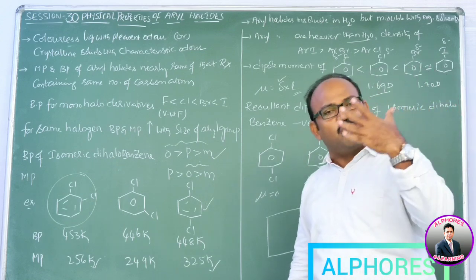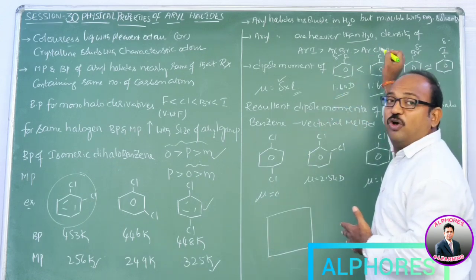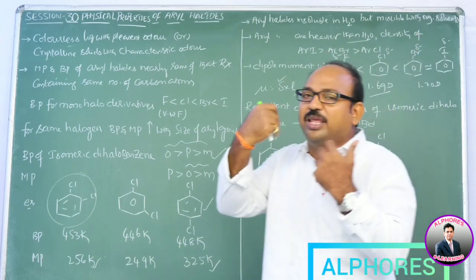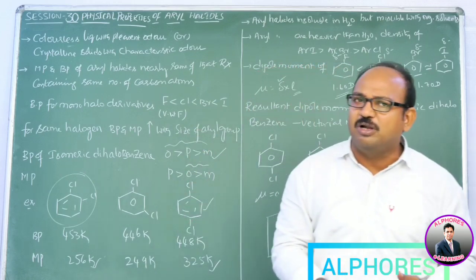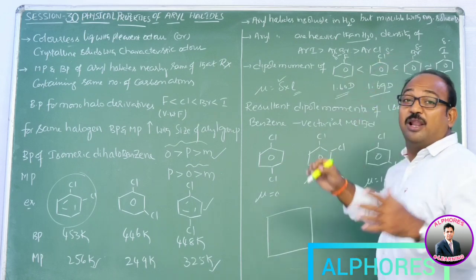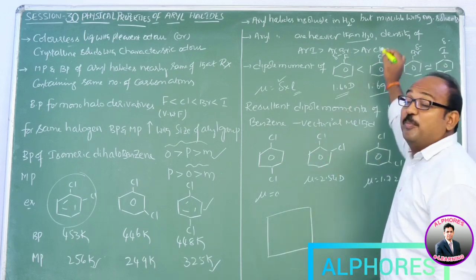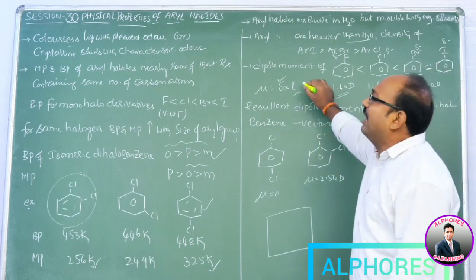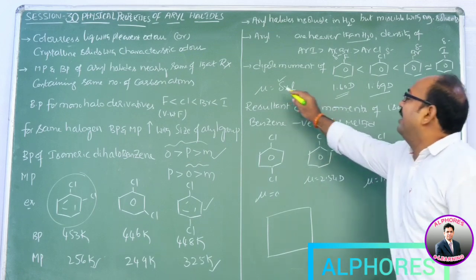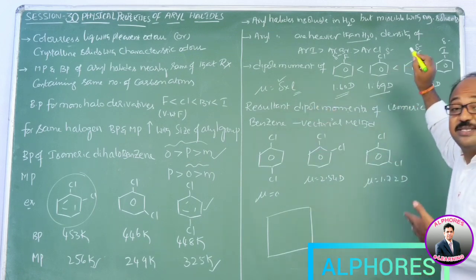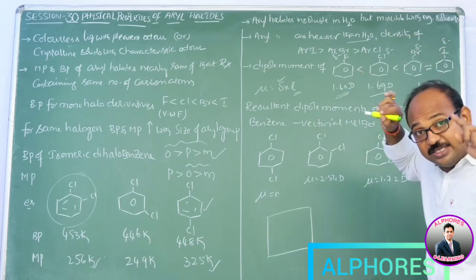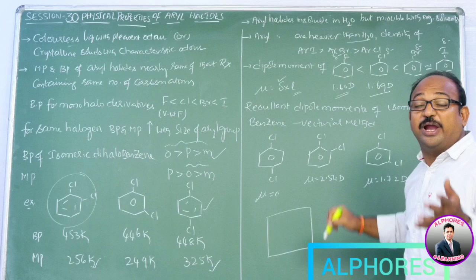Whereas in chlorobenzene, even though chlorine is less electronegative compared to fluorine and its tendency to pull the bond pair of electrons is less, because of chlorine's large size, the C-Cl bond length is more, which means the L value is more. Because of the more L value, delta into L comes to 1.69 D. So for fluorobenzene it is 1.60 and for chlorobenzene 1.69.